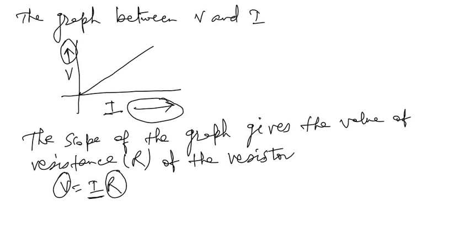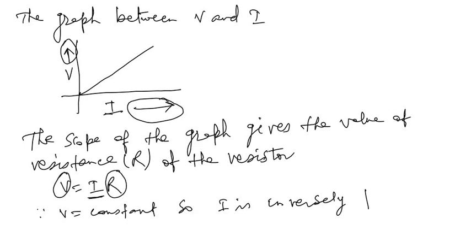So we can write, since V is equal to constant, I is inversely proportional to R.